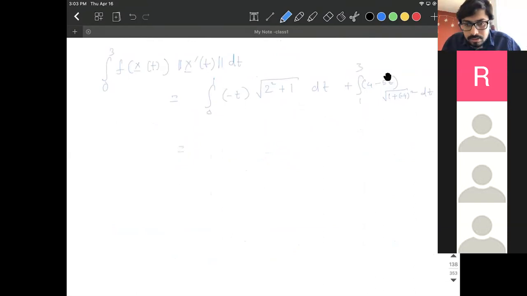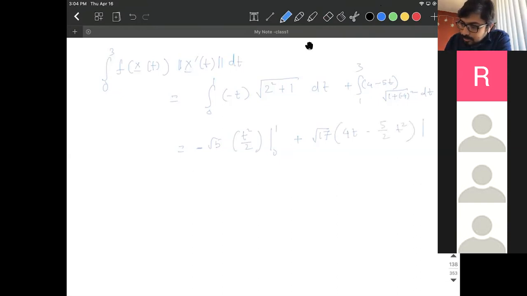Let's see what we have. The first one is minus square root of 5 t squared over 2 from 0 to 1, plus the next one, which is square root of 17 times the integral from 1 to 3 of 4t minus 5 over 2 t squared.